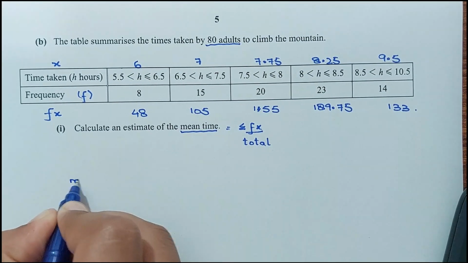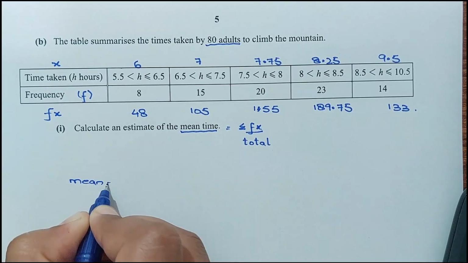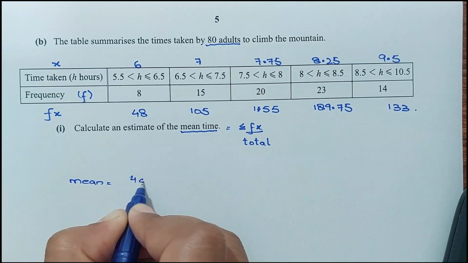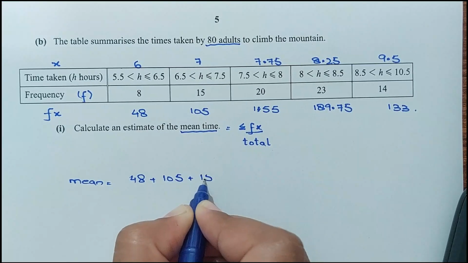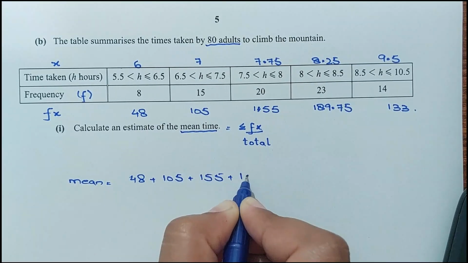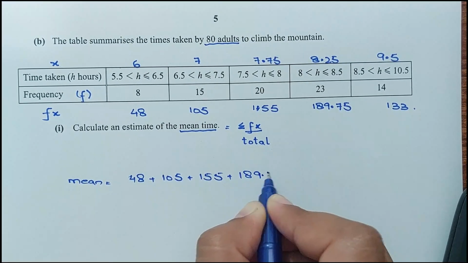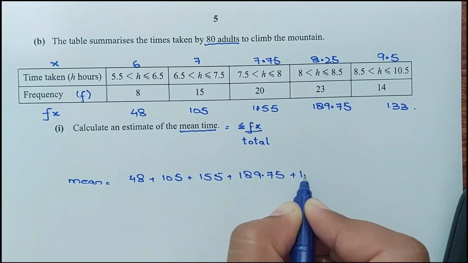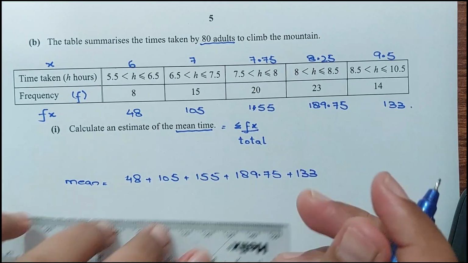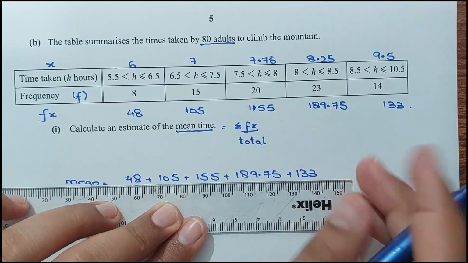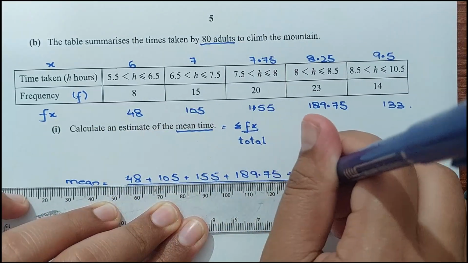Now let me solve for the mean. Sum of fx, 48 plus 105 plus 155 plus 189.75 plus 133, divided by the total number of adults to climb the mountain, which is 80. So divided by 80.